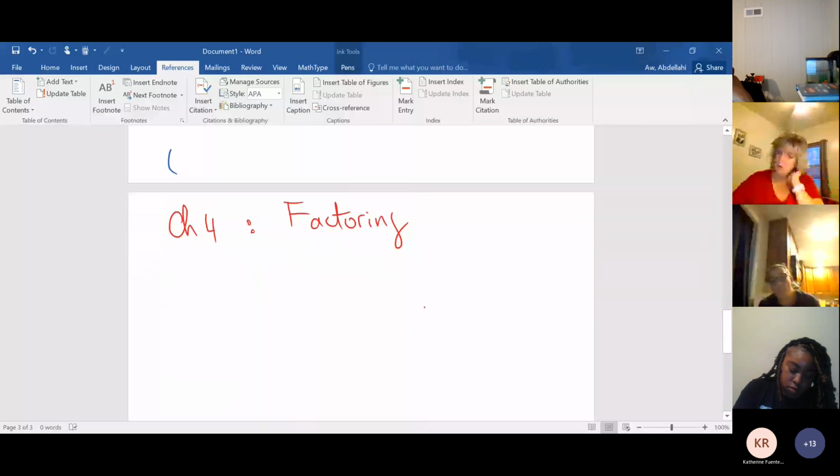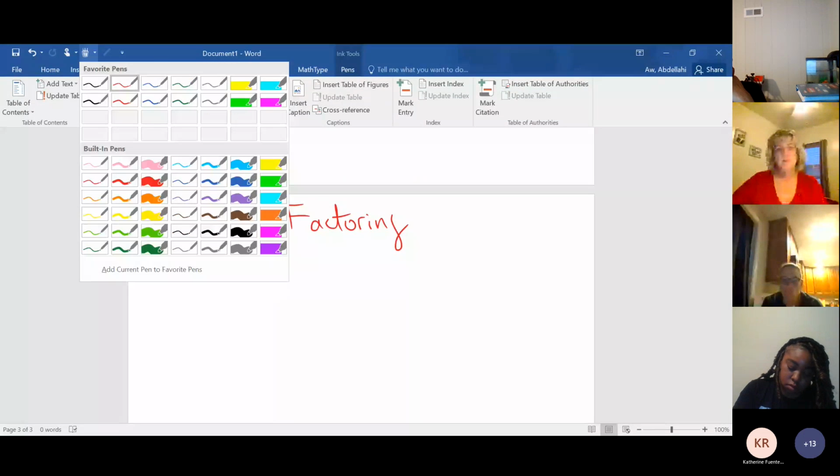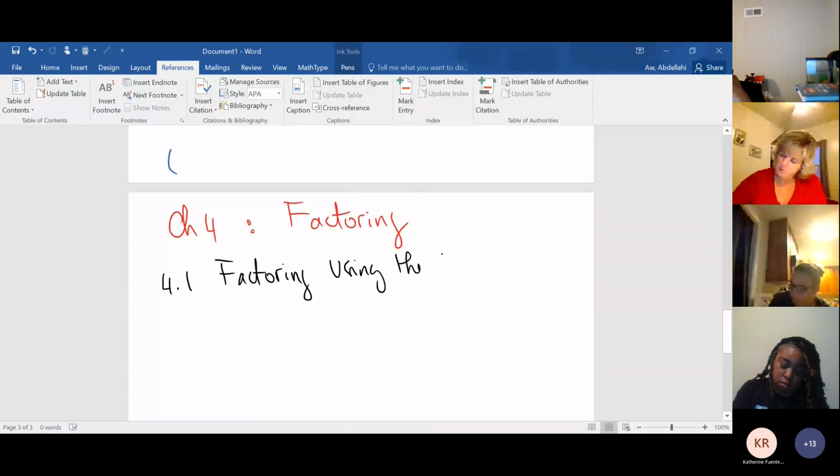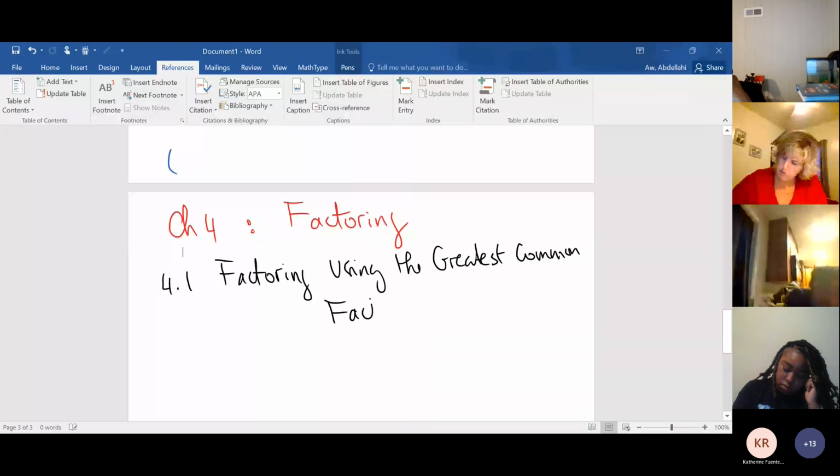And 4.1 is factoring using the greatest common factor, what you call GCF, okay?